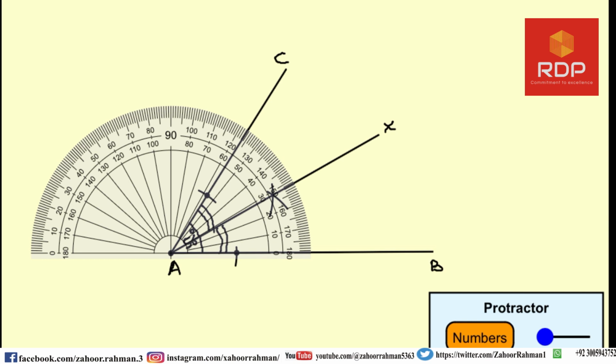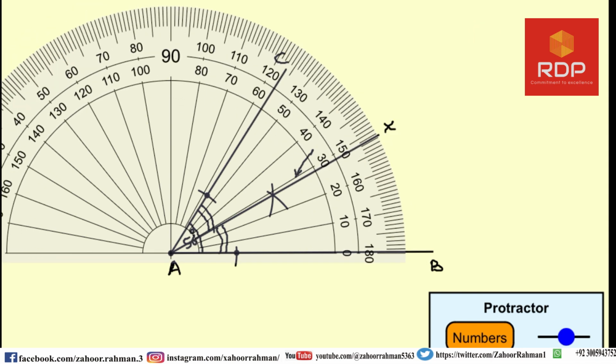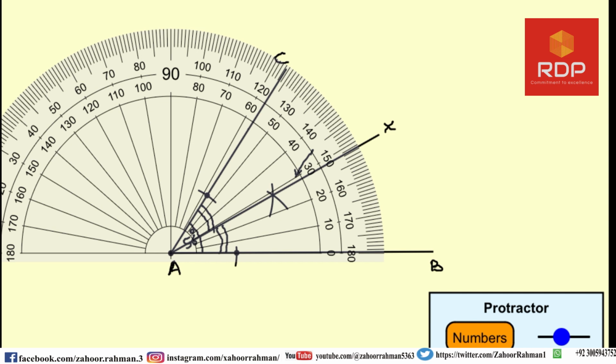Because 56 is double of 28, you can see that this line is at 28 degrees. So 28 is the bisector line. You can see that very correctly when I increase the size.